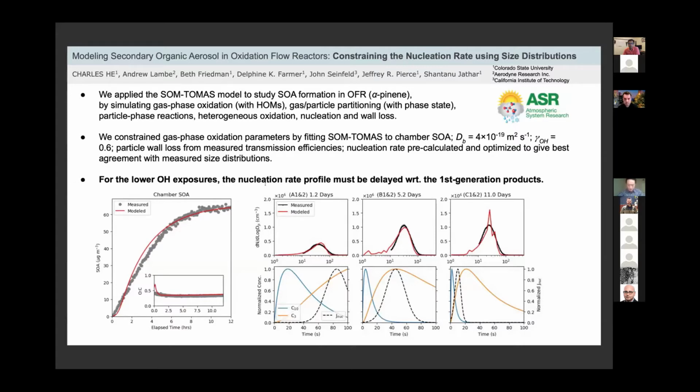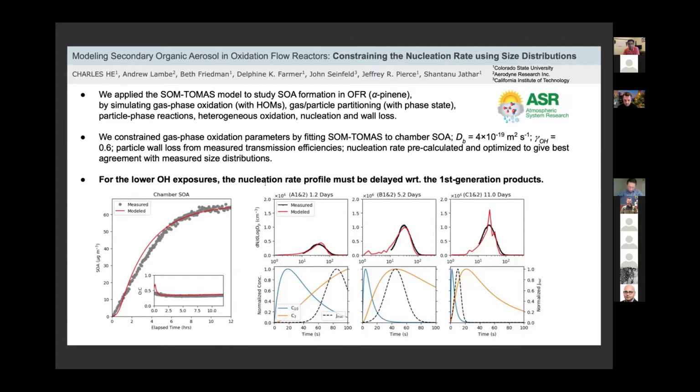We developed our Sum Thomas model by including many SOA governing processes as listed in the first bullet point. And we applied our model to study alpha-pinene SOA in OFR. We put constraints on the processes as listed in the second bullet point, so that the only degree of freedom left is the time-dependent nucleation rate profile. We optimized the nucleation rate profile to reproduce the size distributions in the OFR at different OH exposures, as shown in the right figure.